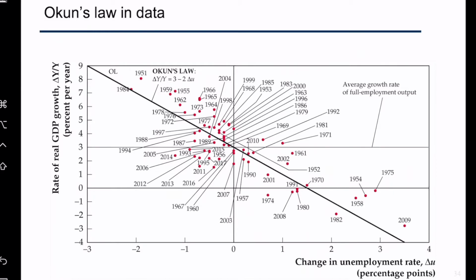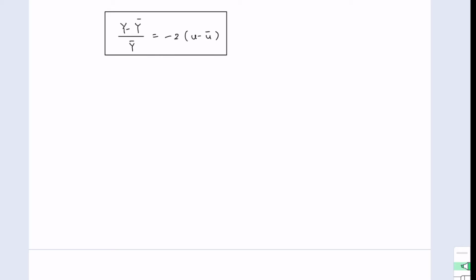So how do we derive equation 3.6 from equation 3.5? Let's rewrite equation 3.5, and plug in the date for the variables that are allowed to change over time, which are output and the unemployment rate. At time t plus 1, the equation becomes equation 1. At time t, the equation becomes equation 2.